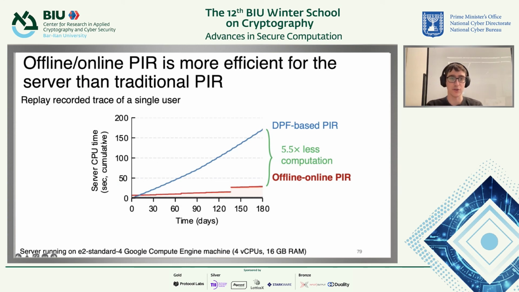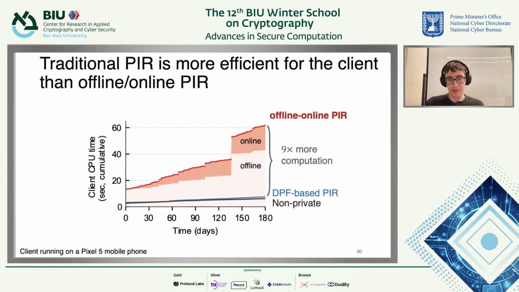In terms of server computation, as expected, the offline-online PIR is more efficient. Asymptotically it's square root compared to linear, and concretely it turns out to require about a factor of 5.5 less computation.